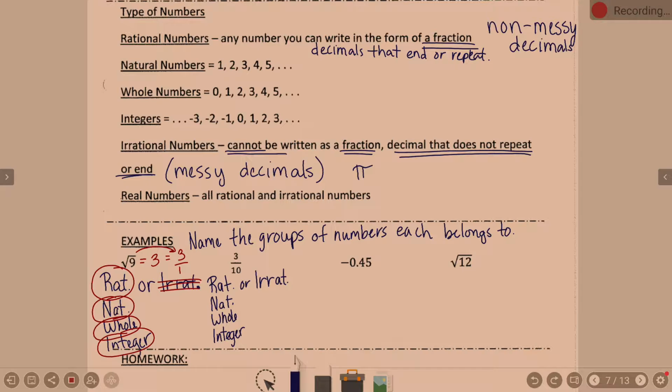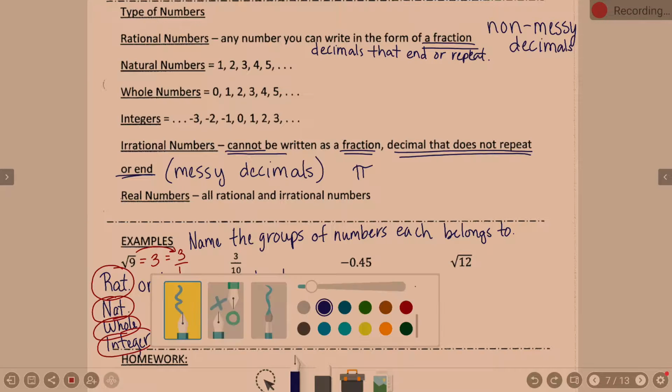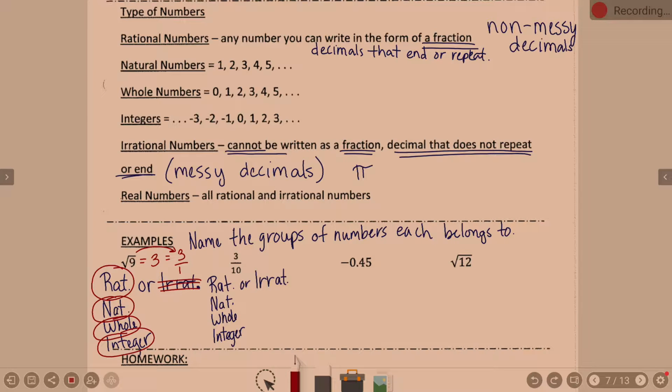So 3/10. What do you know about 3/10? It's a number. It's a fraction. Important to deciding rational versus irrational, we need to know, is it a fraction or is it not a fraction?